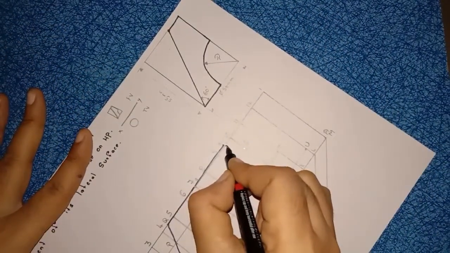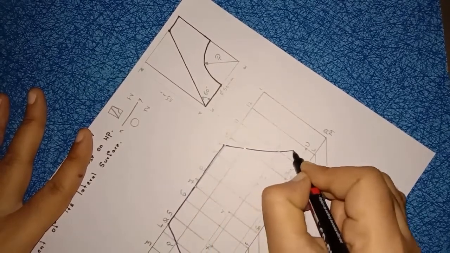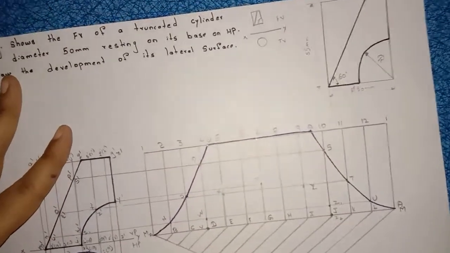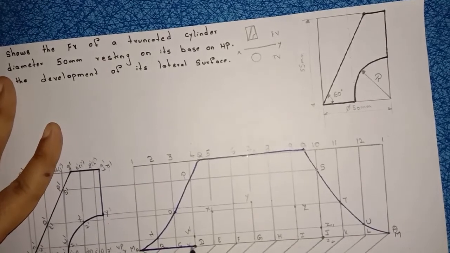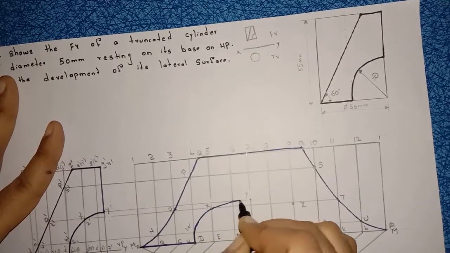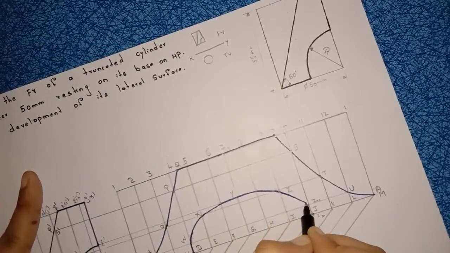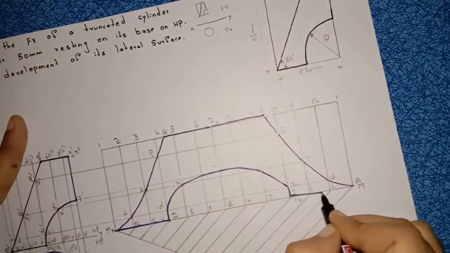Then next join here Q, S, T, U and again M here. Right? Then next from A to V, W, X, Y, Z, Z1, Z2 and here join this one.